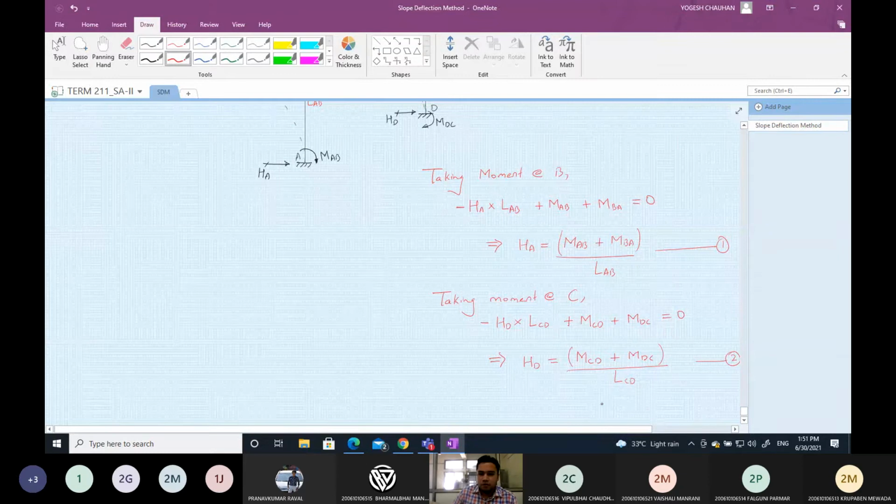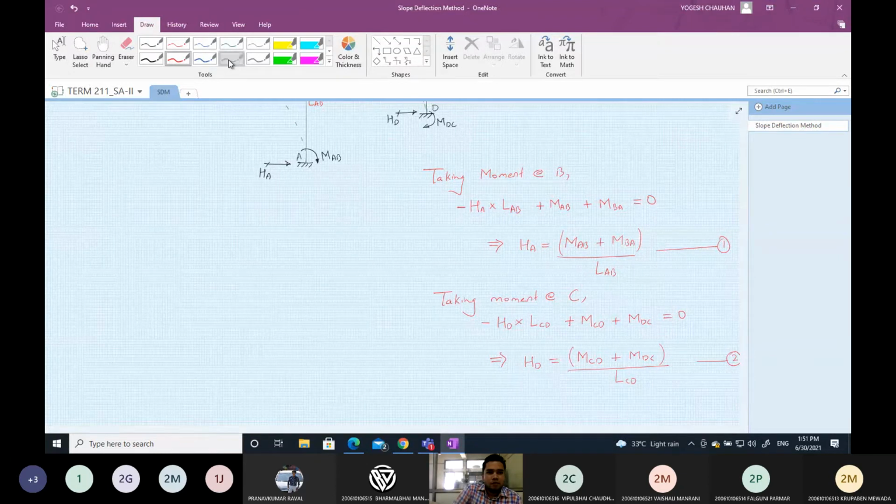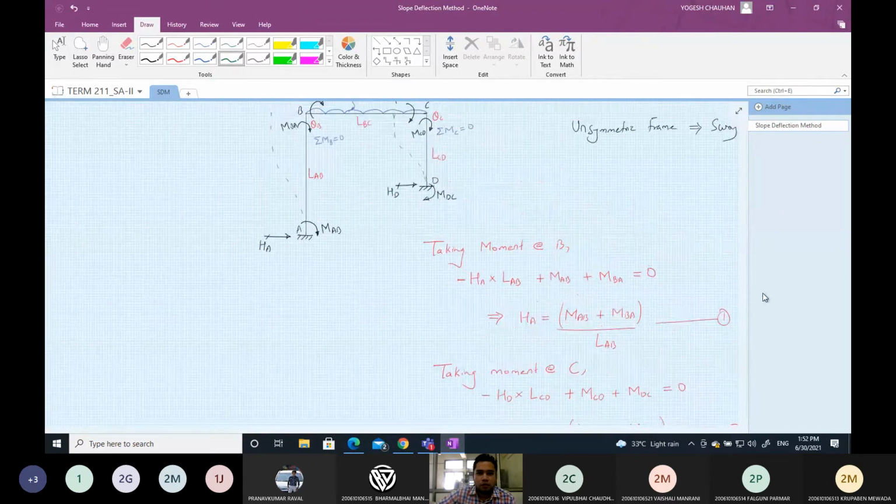Okay. Now the additional condition will be summation of all the horizontal forces should be equal to 0. Since the frame is in equilibrium in horizontal direction, summation of all the horizontal forces should be equal to 0.